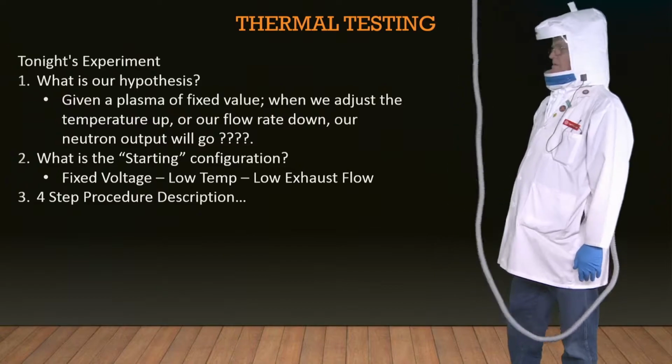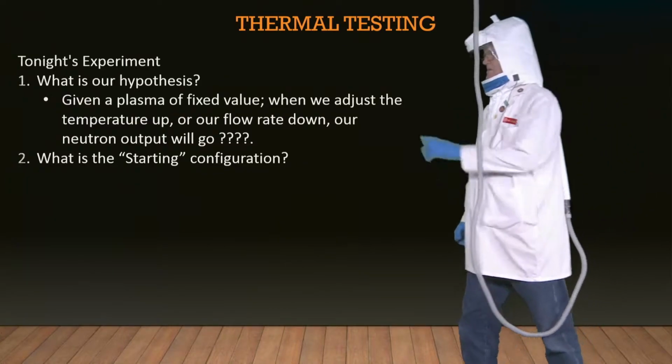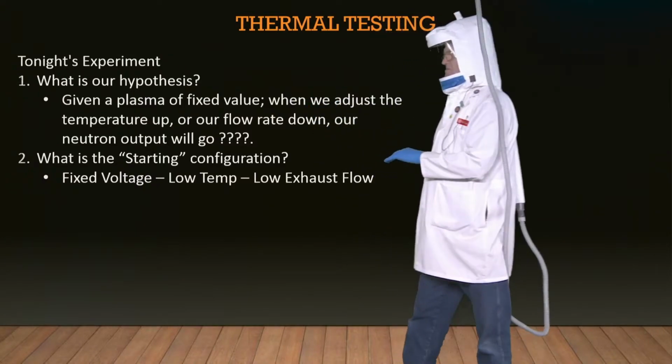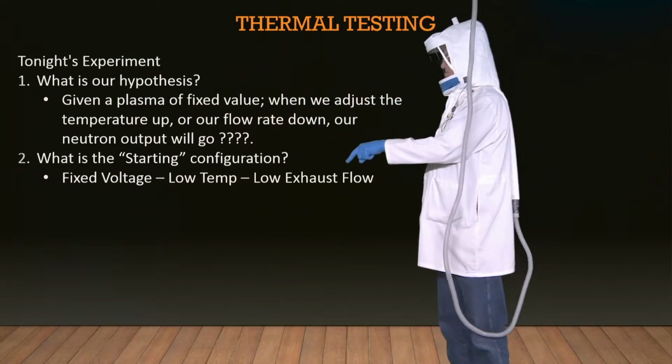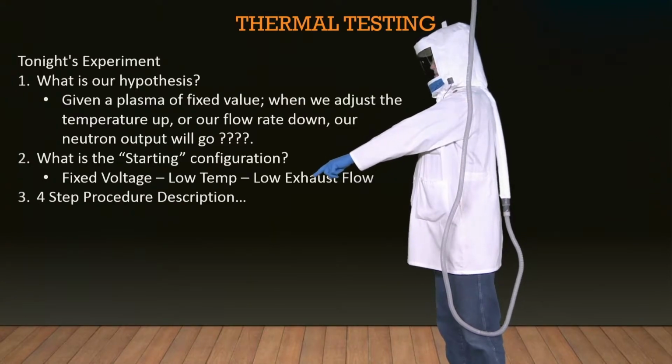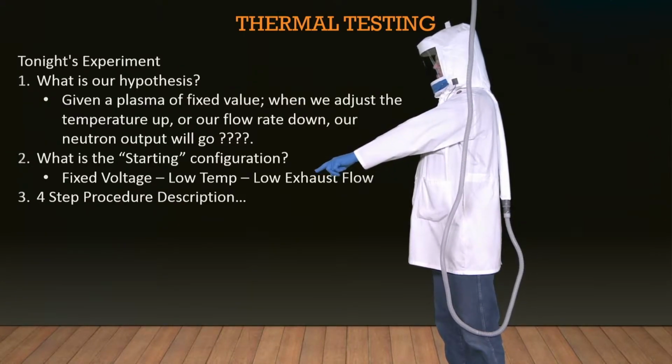So, actually moving backwards. The starting configuration is going to be fixed voltage, low temp, low exhaust. Then we're going to do a 4-step procedure.